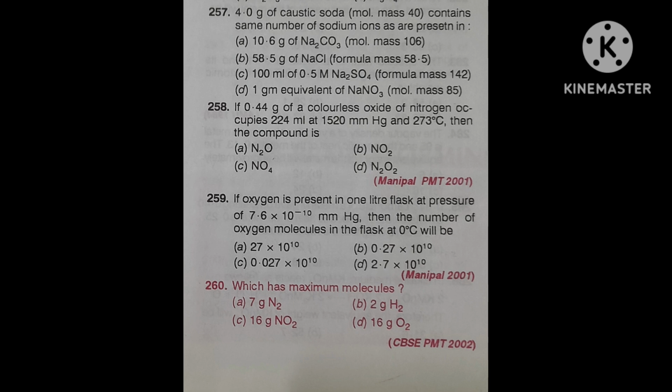According to the question, 0.44 gram of a colorless oxide of nitrogen occupies 224 ml.